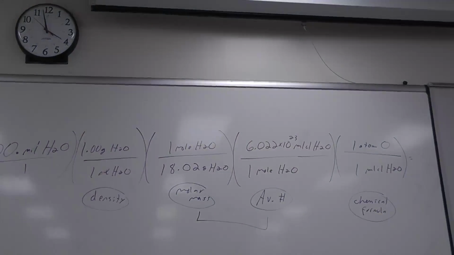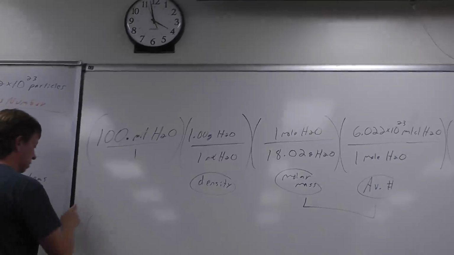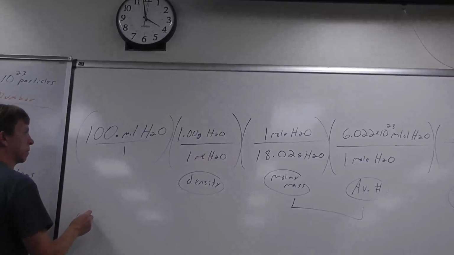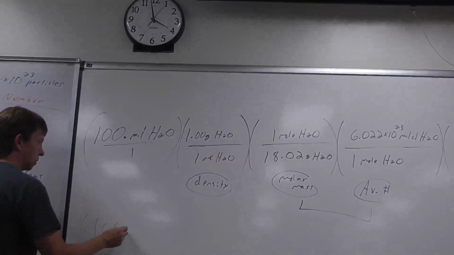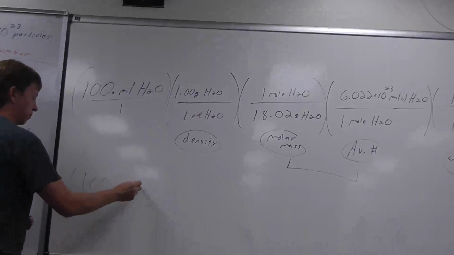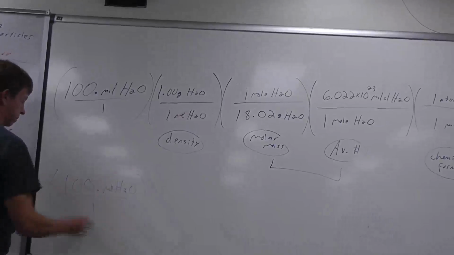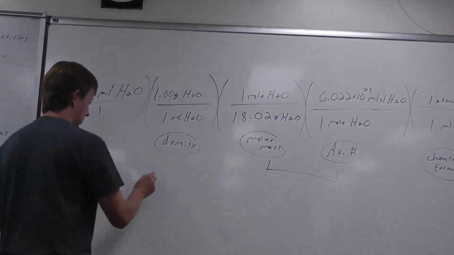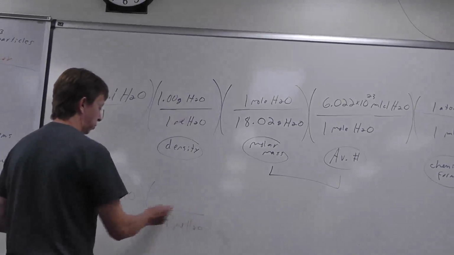Now I'm going to work this again in a different form. And this time really using essentially percent composition. If we have 100 milliliters of the water, each milliliter of water weighs 1 gram.